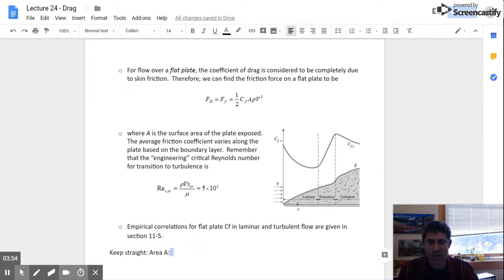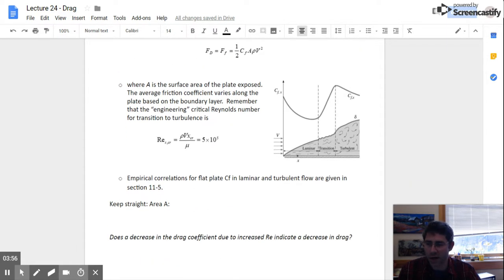So last thing is keep straight your areas. For most objects, like the sign in the example problem you'll see, it's going to be the frontal area for blunt, broad objects.